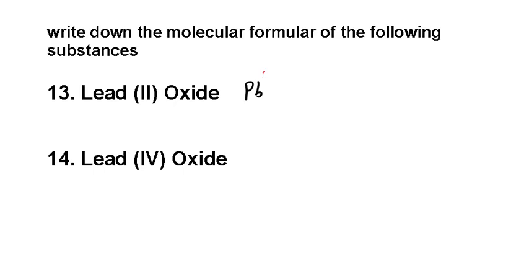So we exchange valencies. We have Pb2 and O2. So we cancel 2 by 2, and we now have PbO, which is the correct molecular formula for lead(II) oxide.